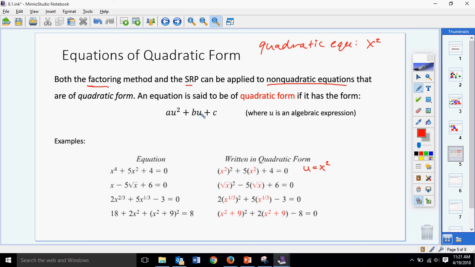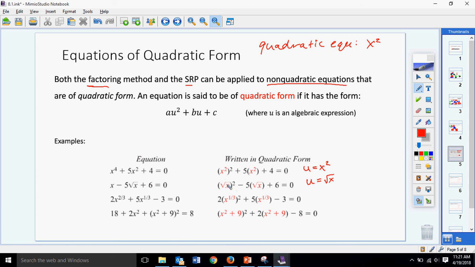I'm saying, okay, here's my U. If I square it, would it give me the A term? I'm thinking that my U here is the square root of x. I'm thinking the B is 5 and the U is the square root of x and the C is 6. So if I squared my U like it says to do for it to be in quadratic form, if I squared the square root of x, would that give me x? And the answer is yes.